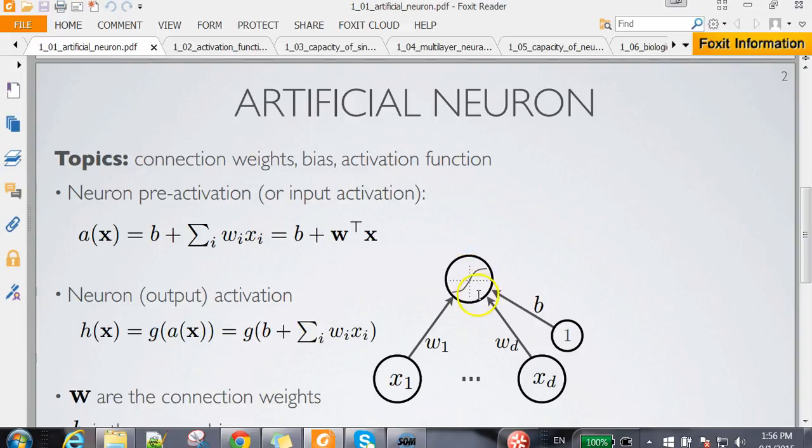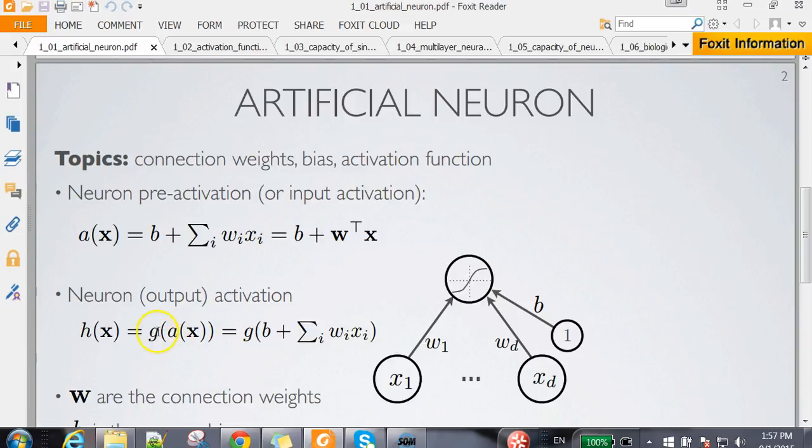The input can be called the pre-activation, before you activate the neuron. Activating it means you take the input and do something to it to get a new output. So this is called the pre-activation value, or the input activation. And then the output, or the output activation, is what you get when you do something to the input.